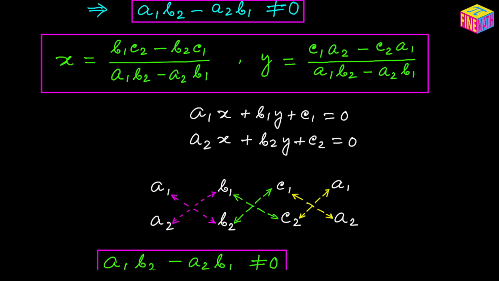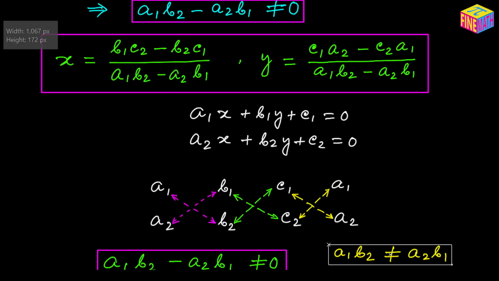So in both ways we see that the necessary condition for two lines to be concurrent is that a sub 1 times b sub 2 minus a sub 2 times b sub 1 cannot be equal to 0. That means we can also say that a sub 1 times b sub 2 cannot be equal to a sub 2 times b sub 1. That can also be taken as another condition, but they both are the same thing. There is basically no difference.